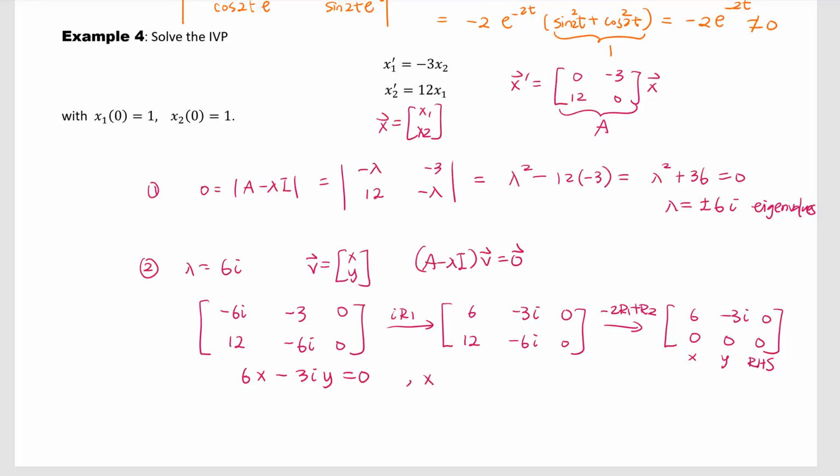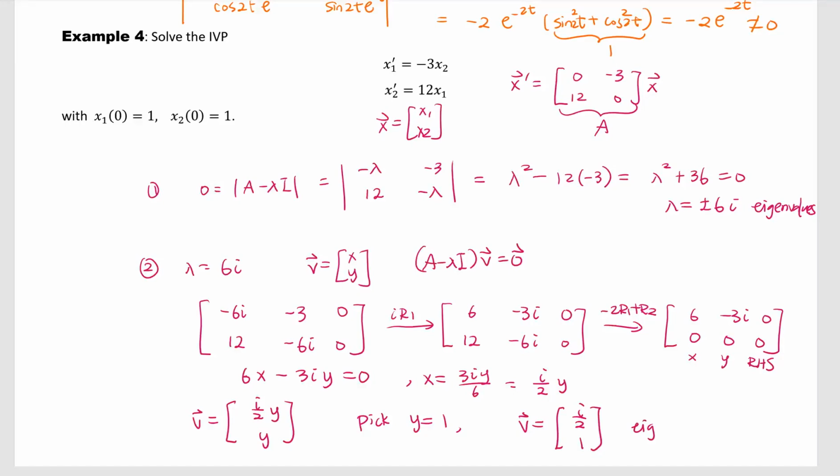What is x? Well, that is 3iy divided by 6. That is i over 2 y. So v is i over 2 y, y, and we can pick y to be 1. Then v is i over 2 and 1.